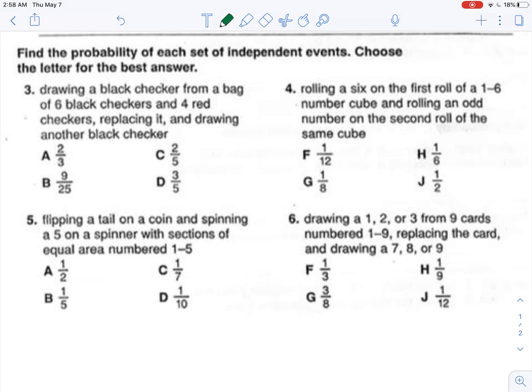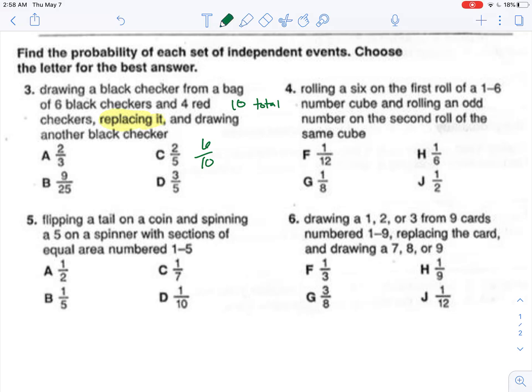So drawing a black checker from a bag of 6 black checkers and 4 red checkers. So I have 10 total checkers. I want to pick a black checker first. I had 6. And then it says I replace it, so that's independent.